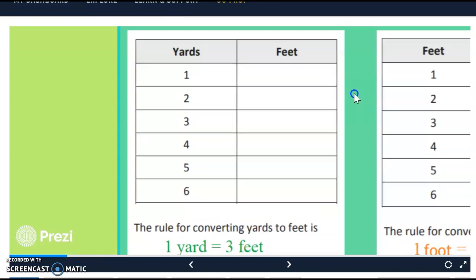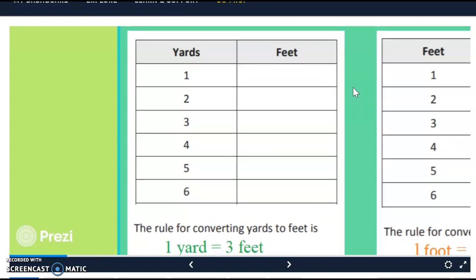That's why the title of this module is measurement using multiplication. If 1 yard is 3 feet, then 2 yards is 2 multiplied by 3, which is 6 feet. 3 times 3 is 9 feet, and so on, as if you're going over your hashtag for 3: 3, 6, 9, 12, 15, and 18, and so on.